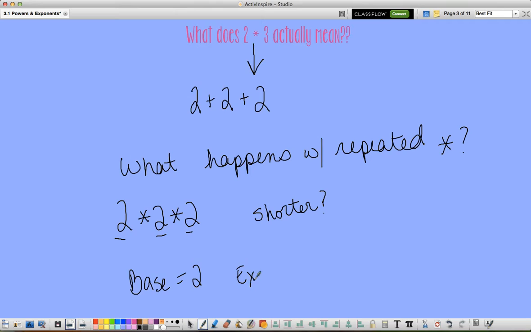And our exponent, since the exponent tells us how many times it's being multiplied, once, twice, 3 times, our exponent would be 3. So exponential form is where we take the base and the exponent and you put them together. So you have your base of 2 and your exponent of 3.